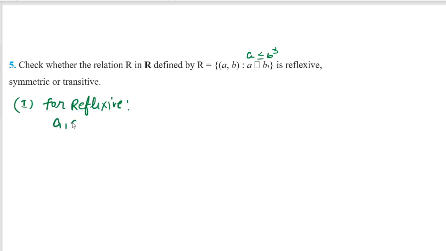As I told you, children, if (a, a) belongs to R, then it will be reflexive. So what you can do over here, children? Suppose you have taken 1 by 2. If I take 1 by 2, you can say (1/2, 1/2). These values are equal, but these are not belonging to R.